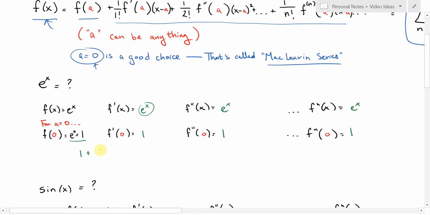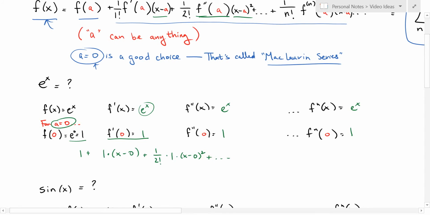It's 1 plus f prime of 0, which is 1, times x minus a, but a is 0, so this is x minus 0, plus the double derivative now is 1, but there's also a 1 over 2 factorial here, times f double prime of 0 is 1, times x minus a squared, again a is 0, and that takes care of that term, and so on.